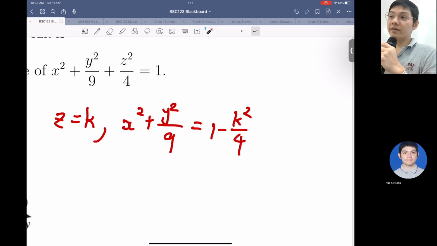Whether it equals 1 or not doesn't matter. Can anyone recall from last time? Close to 1. You sure?